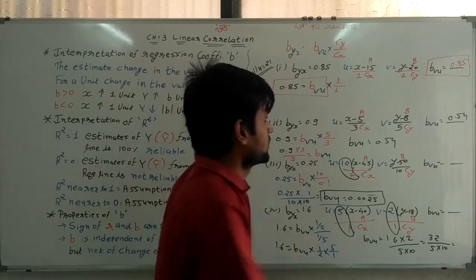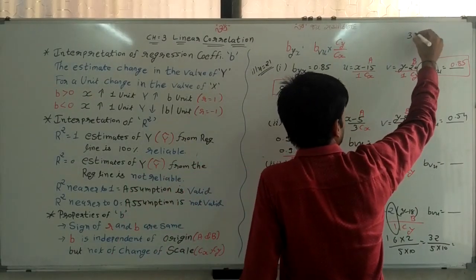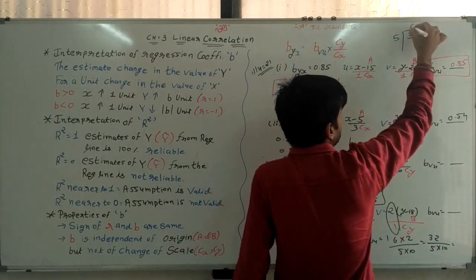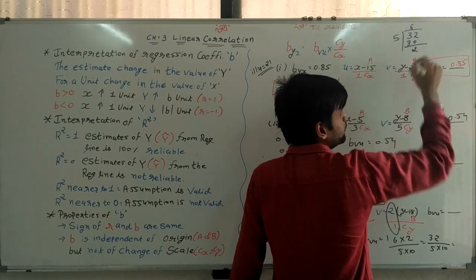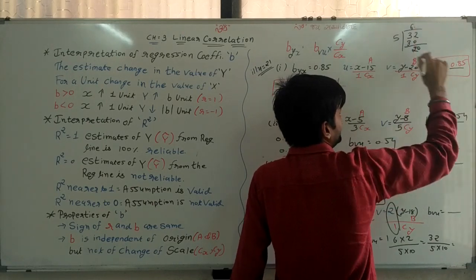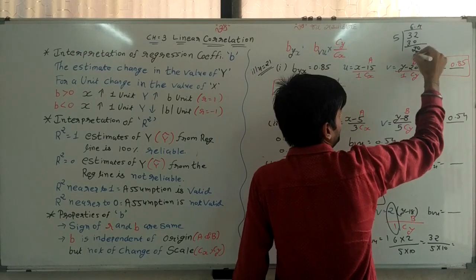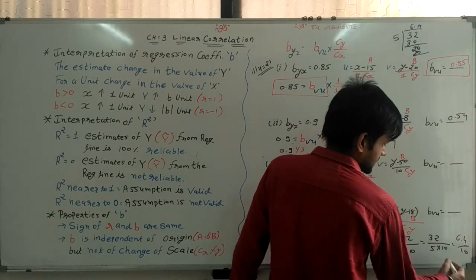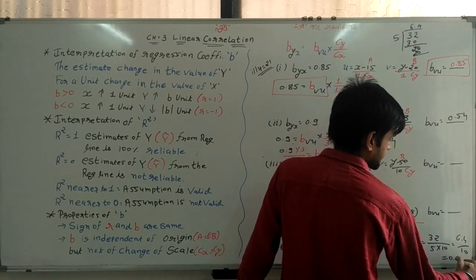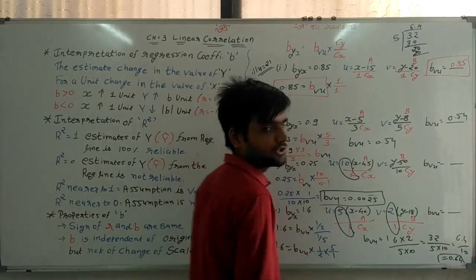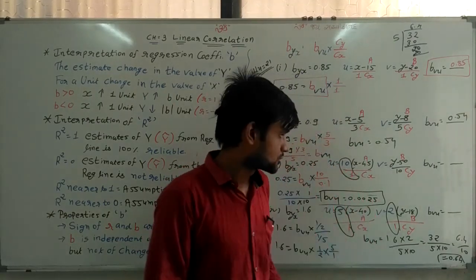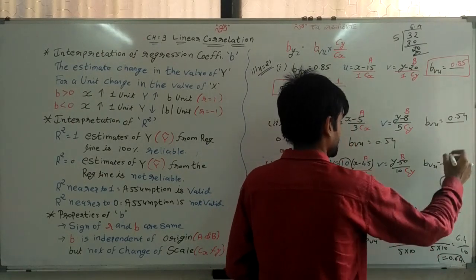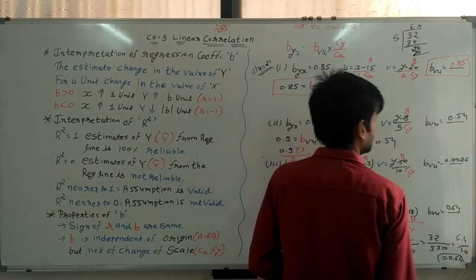I don't have calculator, so I am doing here 32 divided by 5 first. 6 5s are 30, 2 0 10 point. 5 4s are 20. Okay, 6.4 is the answer. 6.4 divided by 10. So now 0.64 is the value of BVU. Complete.